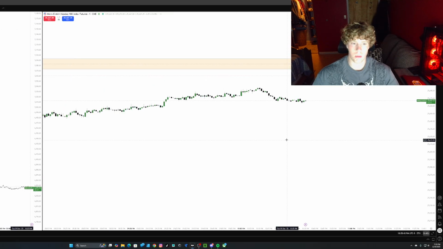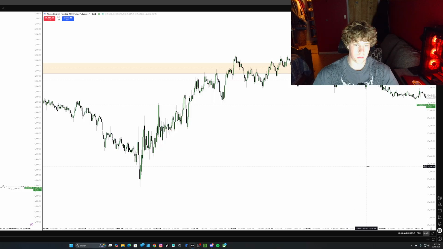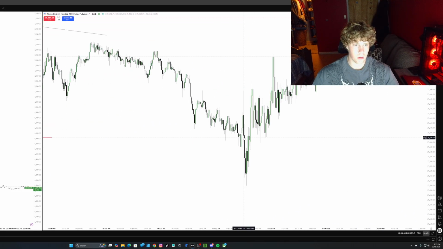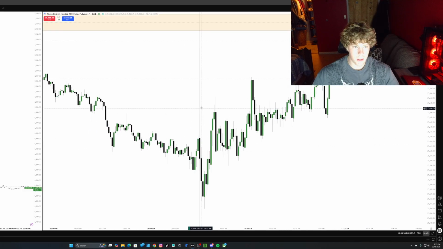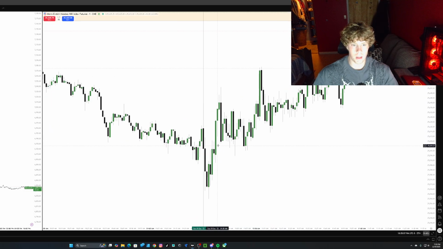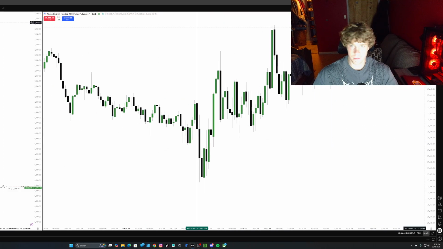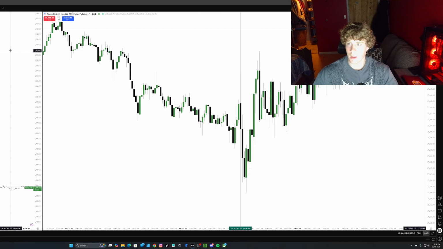So if we go to market open, I'll mark out where market opens. This line right here is market open. Market opens, and we first get this tiny liquidity sweep above, taking out this high here, and then the high to the left of that.